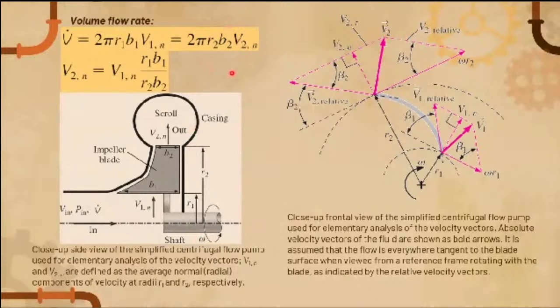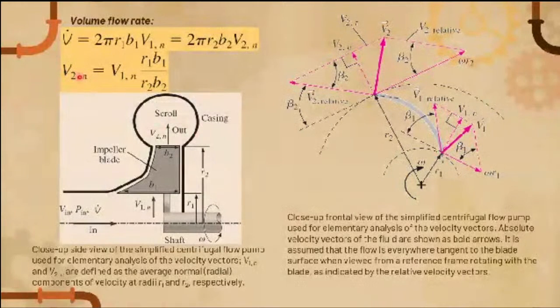So you need to do the calculations. When the B is smaller, then the R getting bigger, the V could be getting bigger as well. So it depends on the B opening. By using this, you will be able to calculate what is the V out.